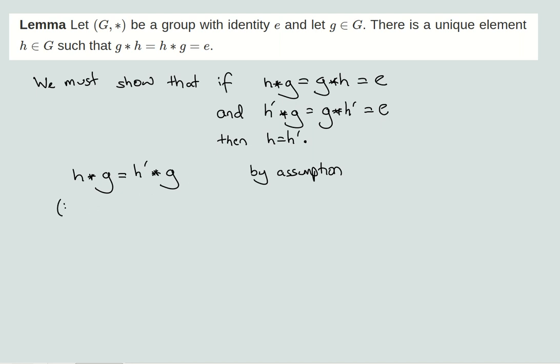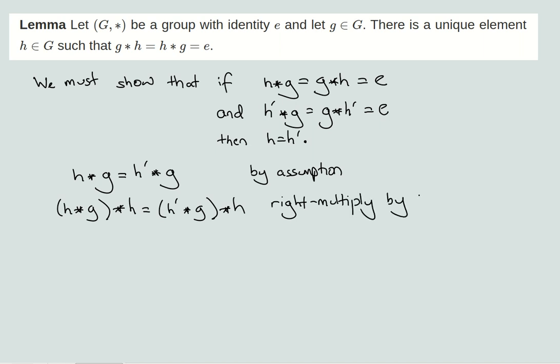So let's do this. h star g star h equals h prime star g star h. And here this is just obtained from the previous line by right multiplying by h.